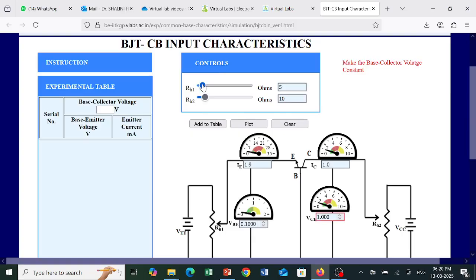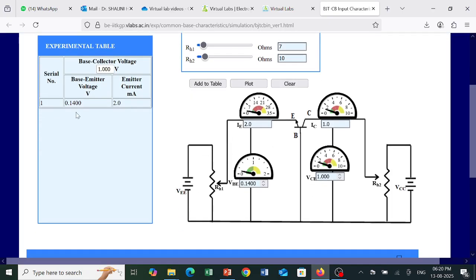So now we will vary different voltages of VBE and add them to the table. For example, for 7 ohms of the rheostat, this is the value of VBE. For that value of VBE, the current measured is given here in the diagram, and we are going to tabulate it.